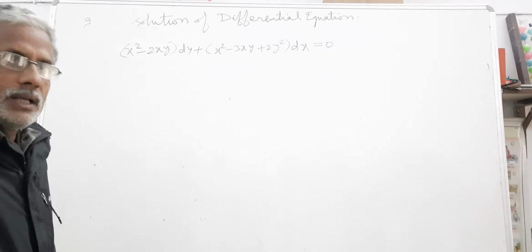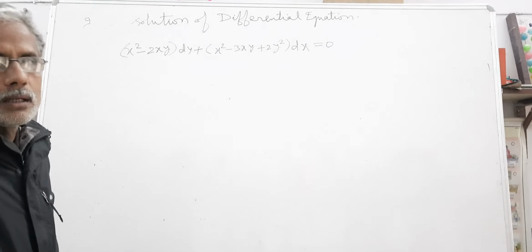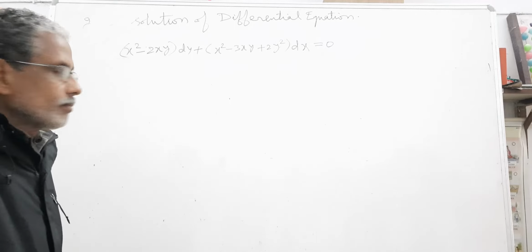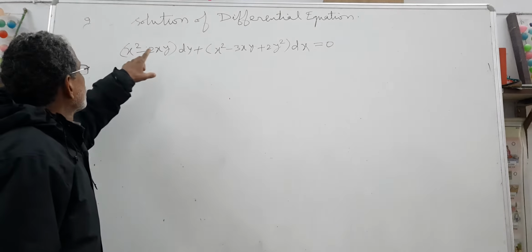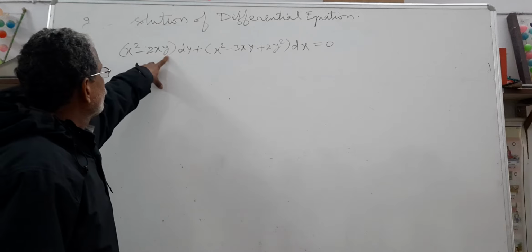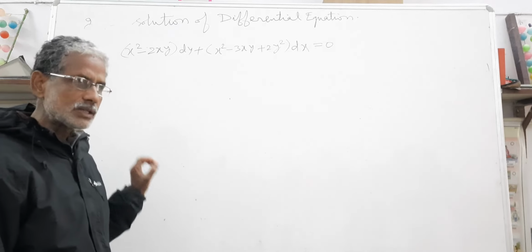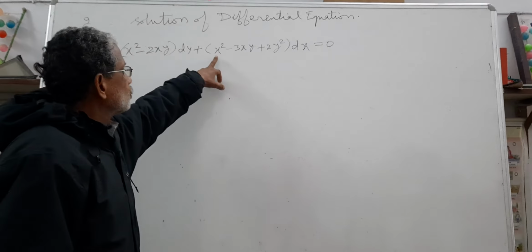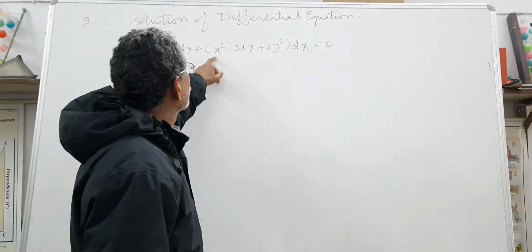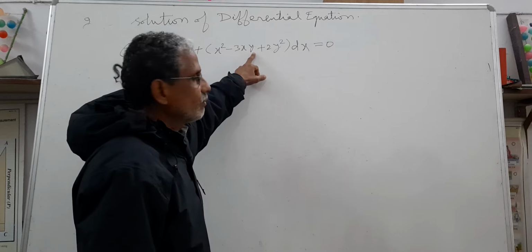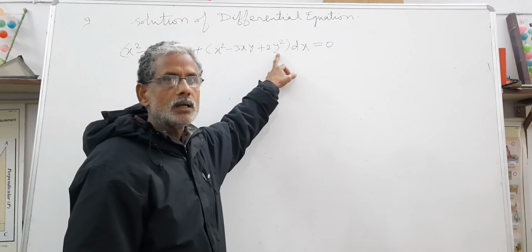Homogeneous differential equation means the sum of powers of x and y in all terms is always the same. Here x² is power 2, xy has 1 power of x and 1 power of y, which becomes power 2. The combined power of x and y in each term will be the same. x² has 2 power of x, 0 power of y, combined power 2. xy has 1 power of x, 1 power of y, combined power is 2. y² has 2 power of y, 0 power of x, combined power 2.